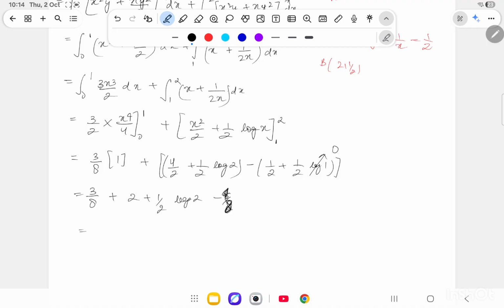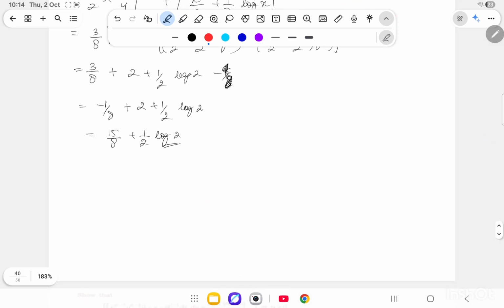So 3 by 8 minus 4 by 8 is minus 1 by 8, plus 2 plus 1 by 2 log 2, that is equal to 16 minus 1, that is 15 by 8 plus 1 by 2 log 2. So this is the value of the integral that we are supposed to find. Let's move on to the next question.